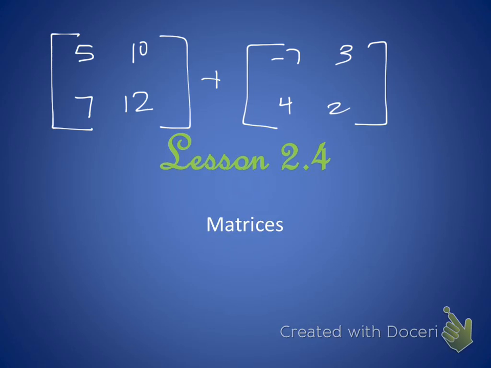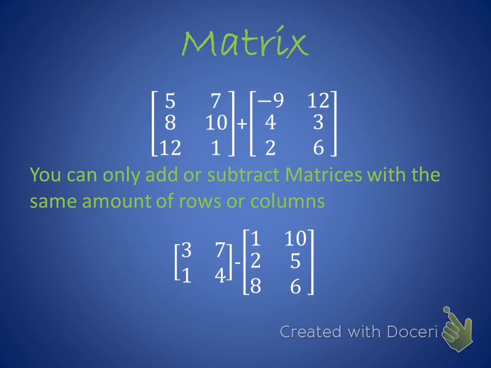So the first thing you've got to know about matrices is you can only add or subtract them if they have the same amount of rows and the same amount of columns, okay? If they don't, you can't add them together because the numbers won't match up for you to add. So, for instance, in this first set right here above this statement, rows go horizontal.